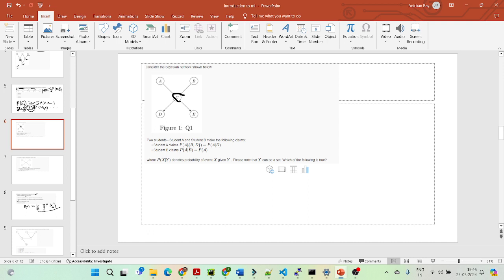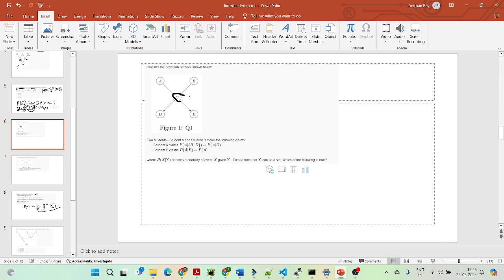Sorry, I'm doing it wrong. A and B will be independent, not given C. Yes, when C is not known.